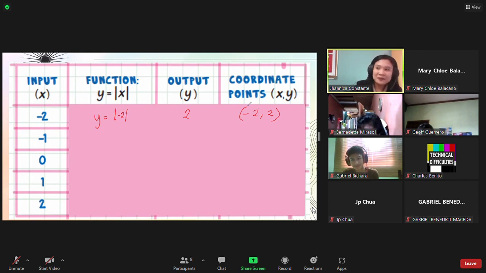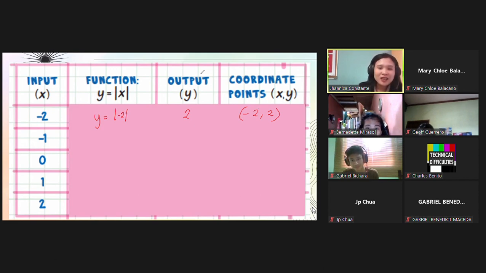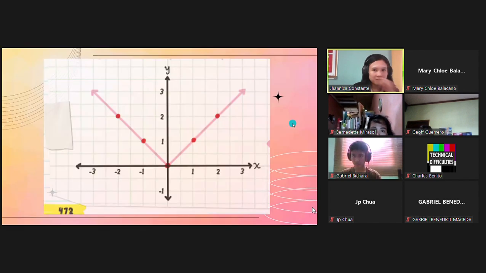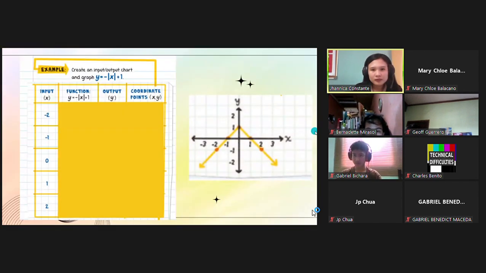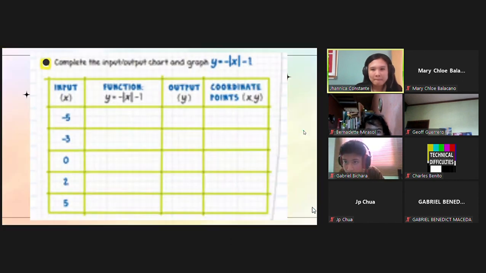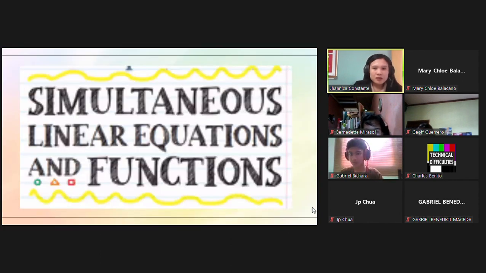Okay. So let's proceed with identifying the number of solutions that we're going to have for our simultaneous function. So let's proceed with simultaneous linear equations, or functions.